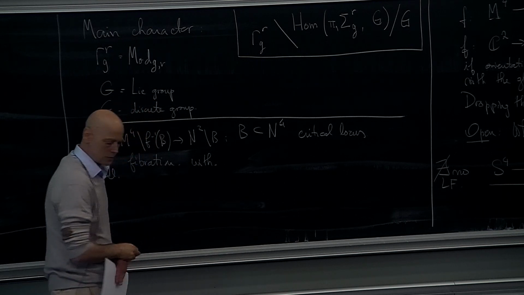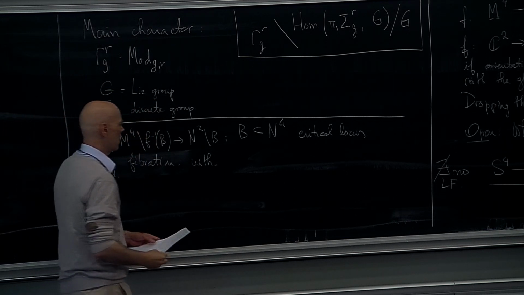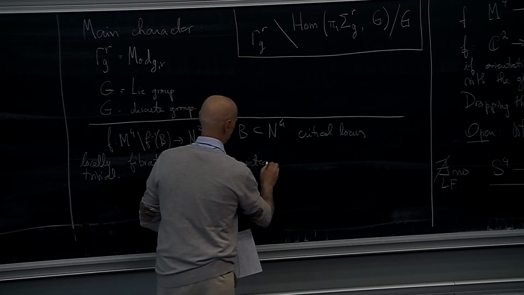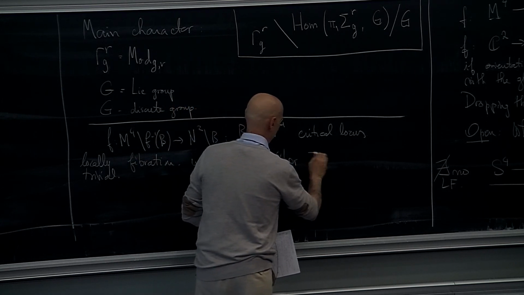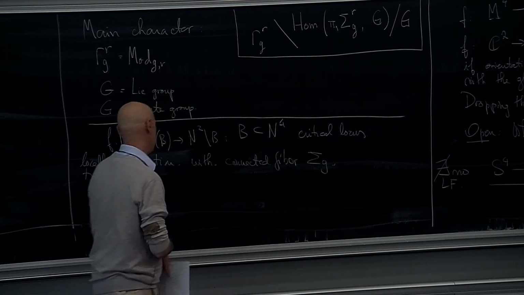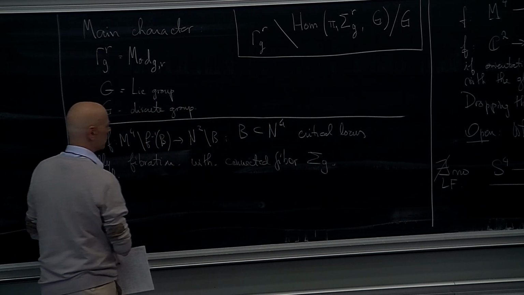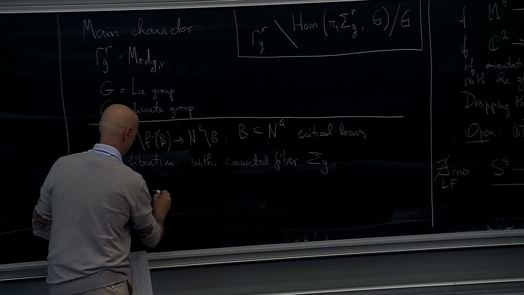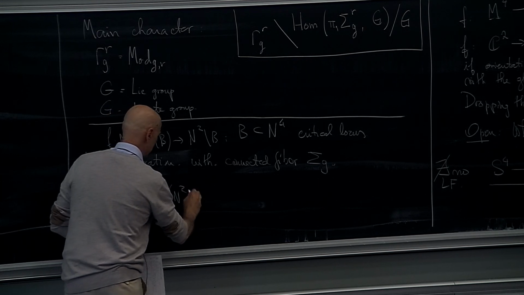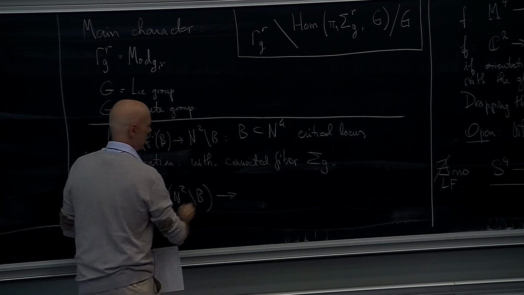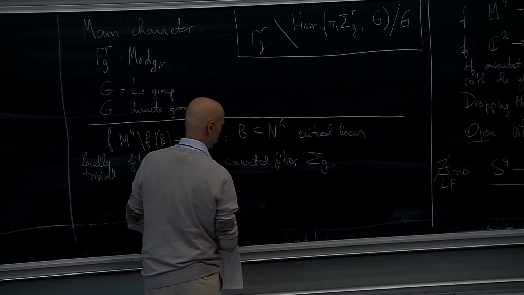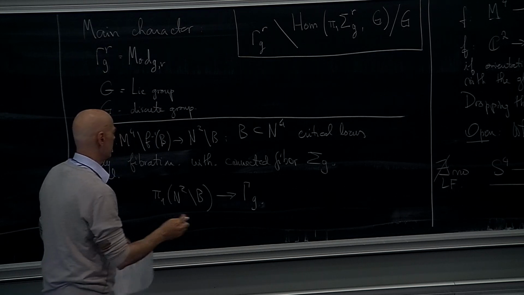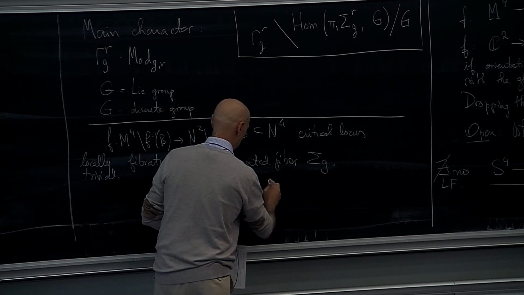I will always prefer to take the fiber to be connected, like in algebraic geometry. Let's say sigma G of some genus G, and then I'm looking at the monodromy of this locally trivial fibration, and this is providing me with a map from pi 1 of N2 minus B into the mapping class group gamma G, which is, of course, well defined only up to conjugacy.